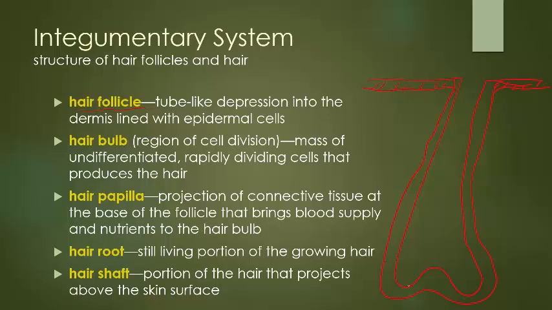follicle, there's a region referred to as the hair bulb, and it's a region of very rapid hair cell division and growth. So, down in this area, stem cells are dividing and dividing, creating hundreds of thousands of cells very rapidly.